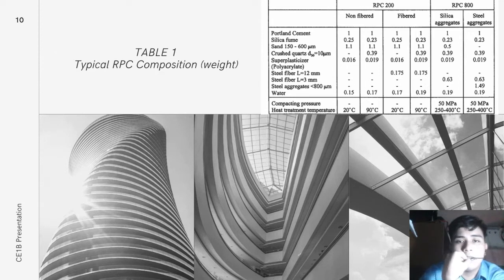In this table, this is the presentation of how the composition of RPC shows the weights and how it distributes the proper amounts of chemical admixtures and mineral components based on their compressive strength.